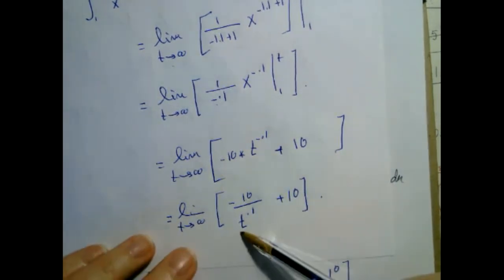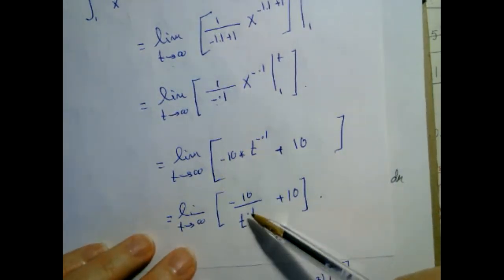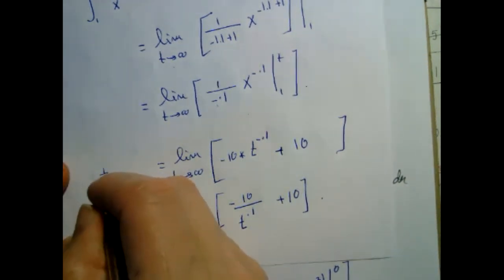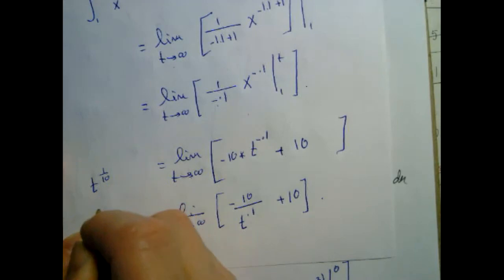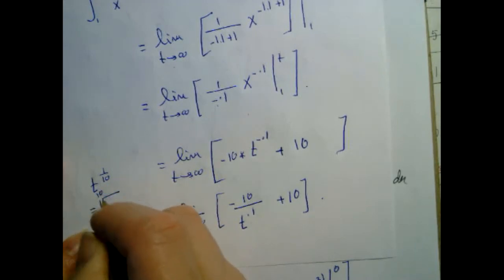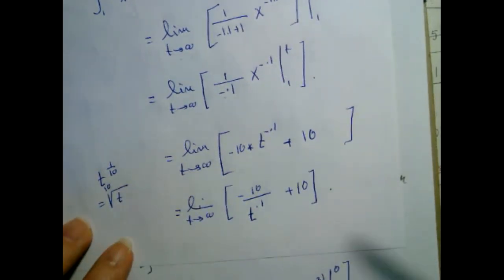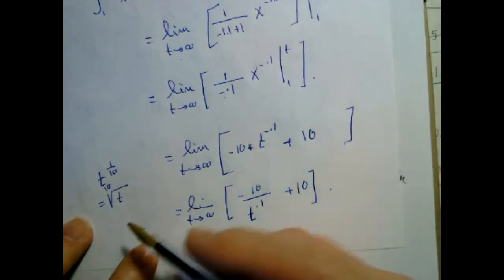Now when t becomes large, t to the power 0.1, even though it's a weird power, is the 10th root, since 0.1 is 1 over 10. So when t becomes very large, the 10th root of t will still become very large.